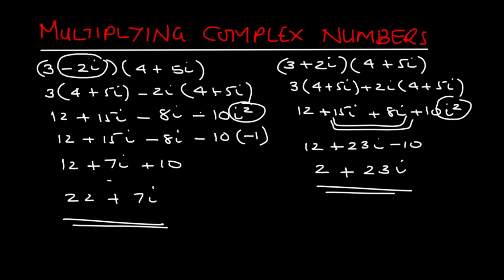You remove the i from the divisor section. That's what they call rationalization of a complex number. So this is the next thing that we'll look at. All the best in this one, and thanks for watching.